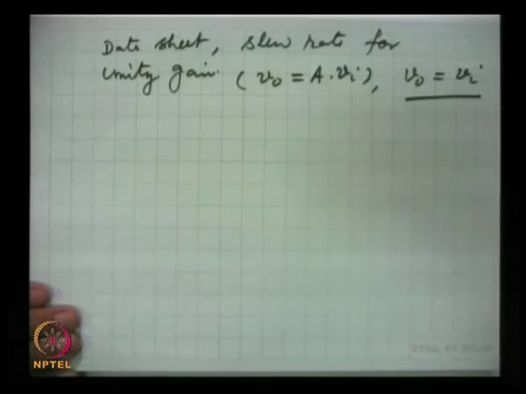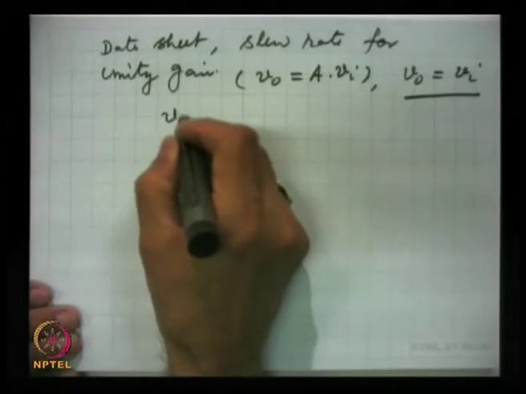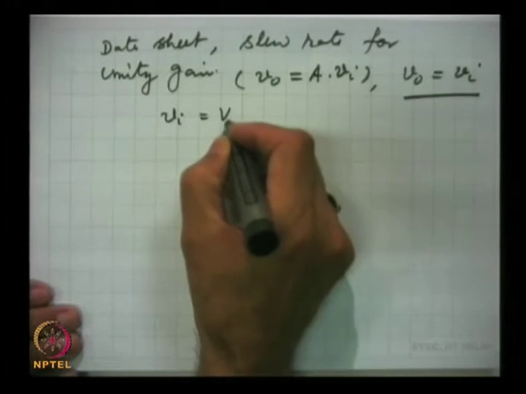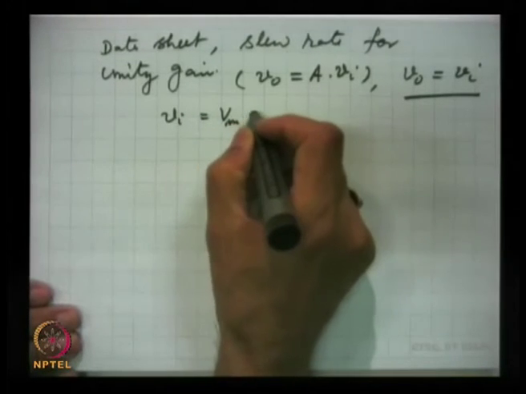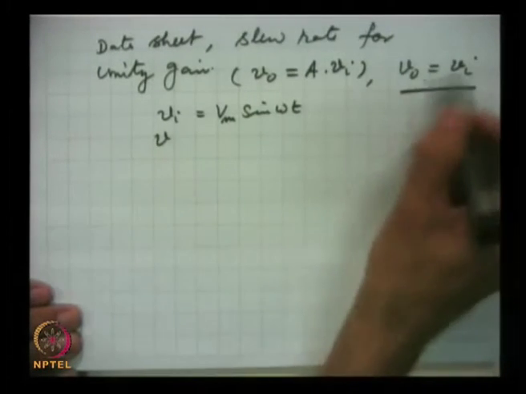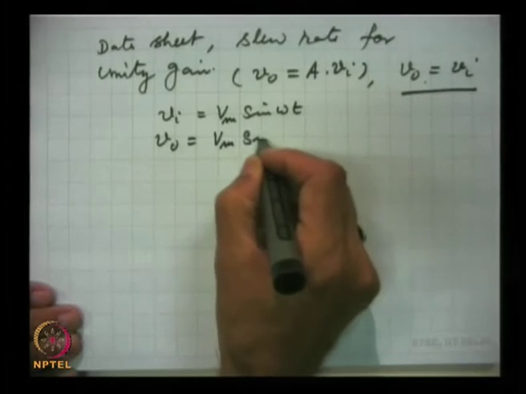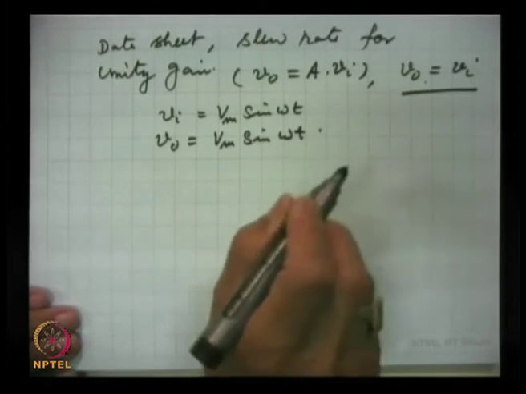So, let us take a sinusoidal signal Vi at the input with peak value Vm sin omega t, and the same at the output, Vm sin omega t.